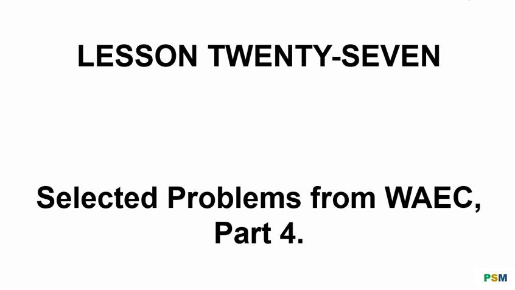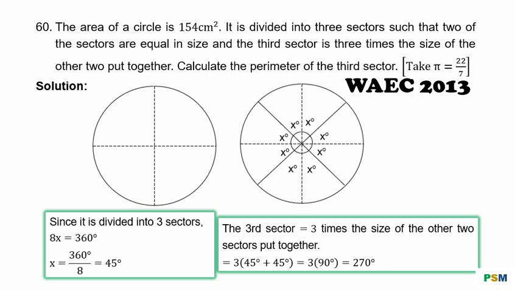Lesson 27, Selected Problems from WAEC, Part 4. Examples. Number 60, the area of a circle is 154 square centimeters.